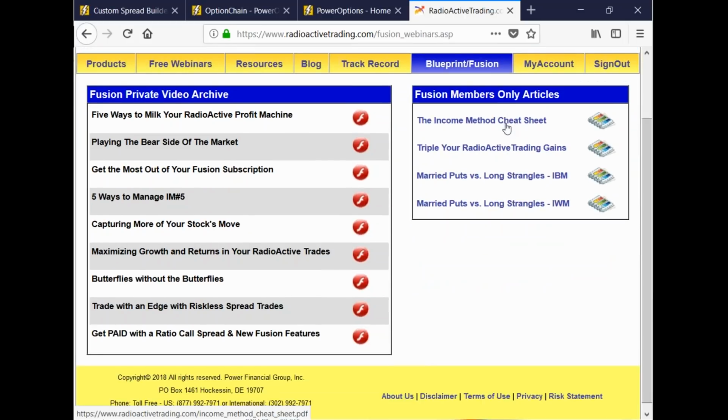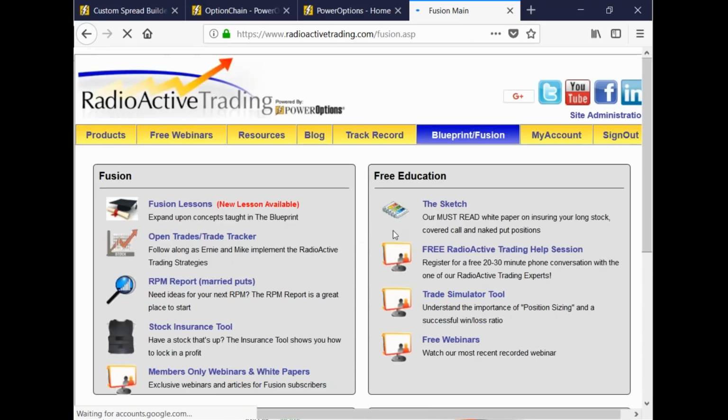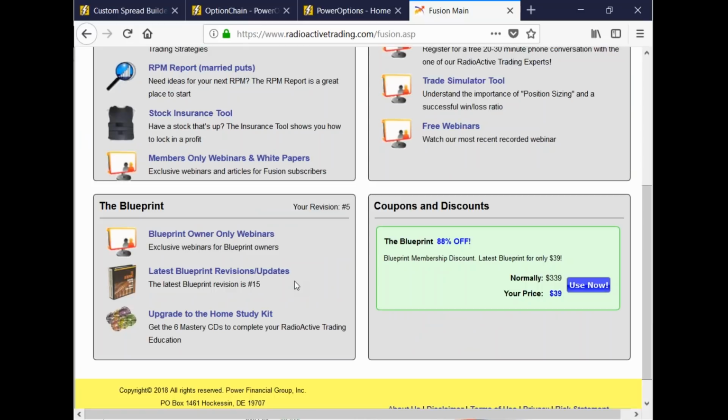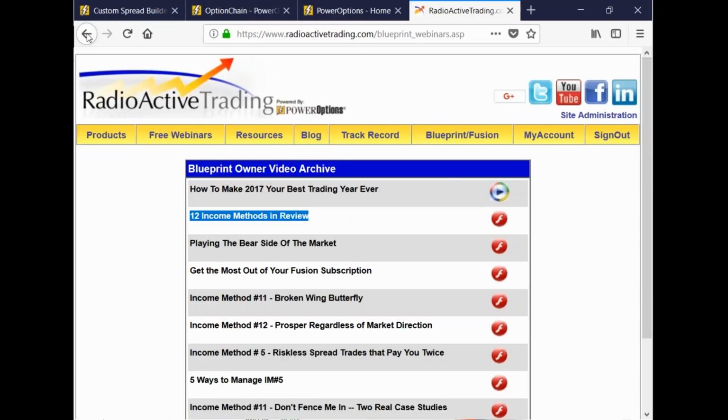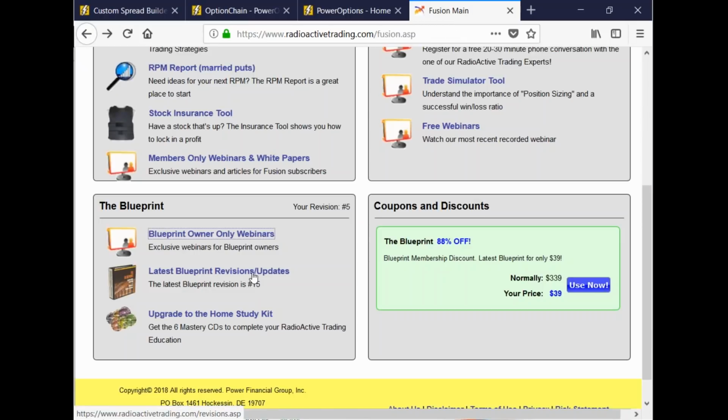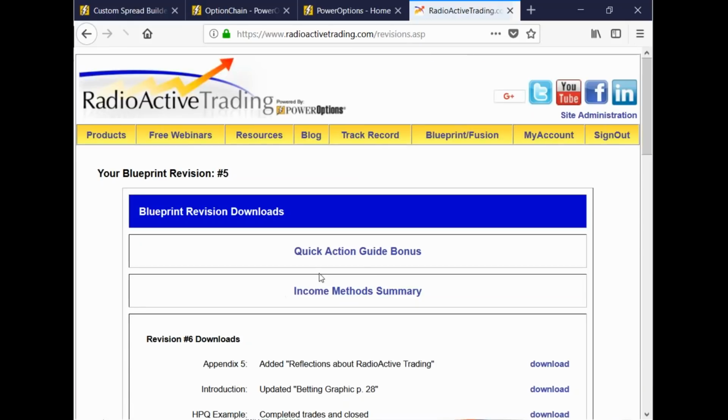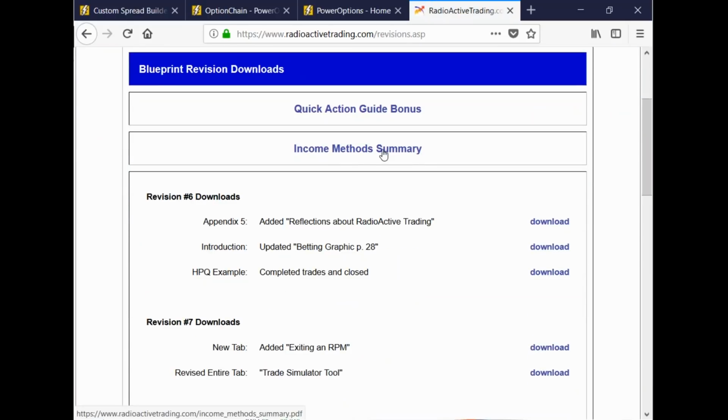It's not a one page, it's a couple of pages, but that's the income method cheat sheet. Same is available for blueprint owners. If you're a blueprint owner and you log on to your free registration account, click on the blueprint owner only webinars, then latest blueprint and revisions. You've got the 12 income methods in review presentation, and here's the income methods summary.